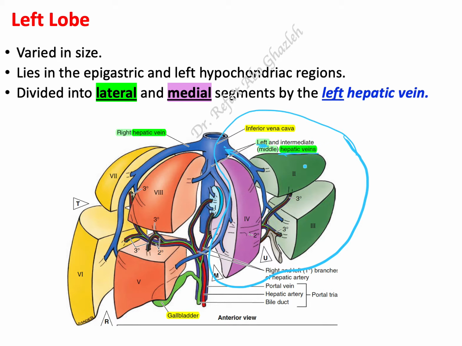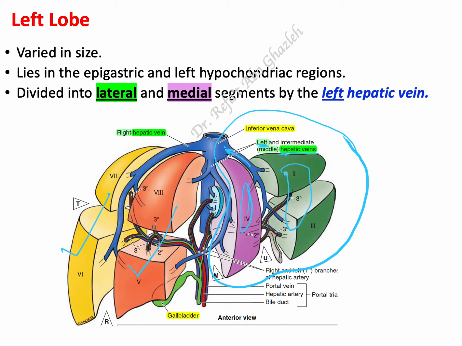But at the same time, the left hepatic vein divides the left lobe of the liver into lateral and medial segments, not anterior and posterior like the right.